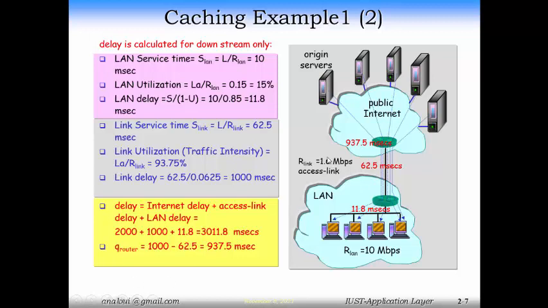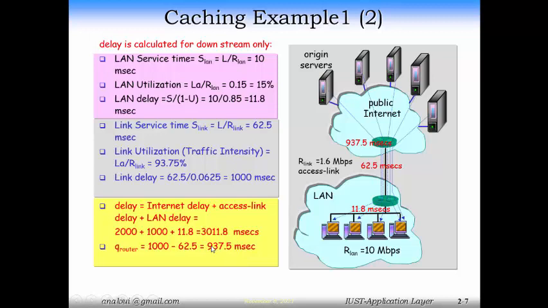And what is interesting is that this access link only serves in 62.5 millisecond, but the total delay of this link is 1 second. It means that my responses spend too much time in the queue here. 1000 minus 62.5 is equal to 937.5 millisecond.